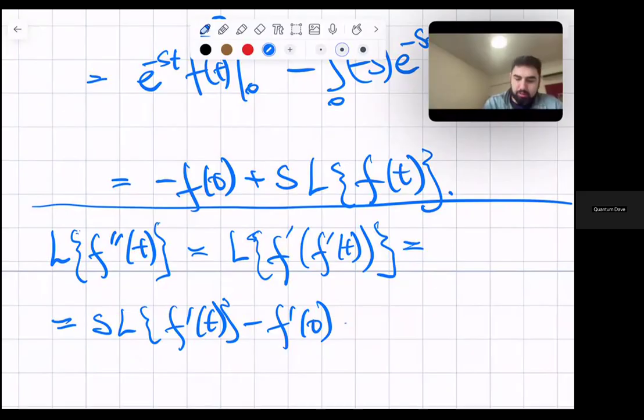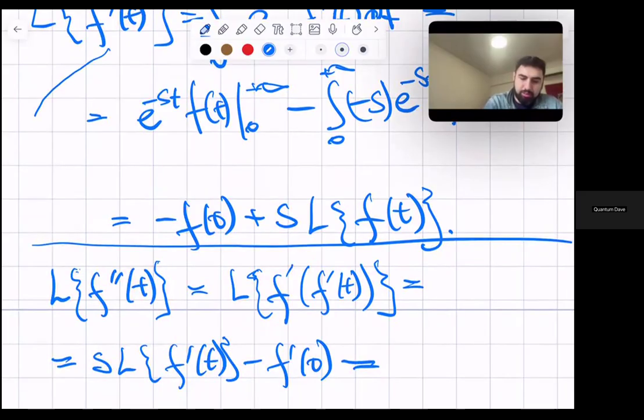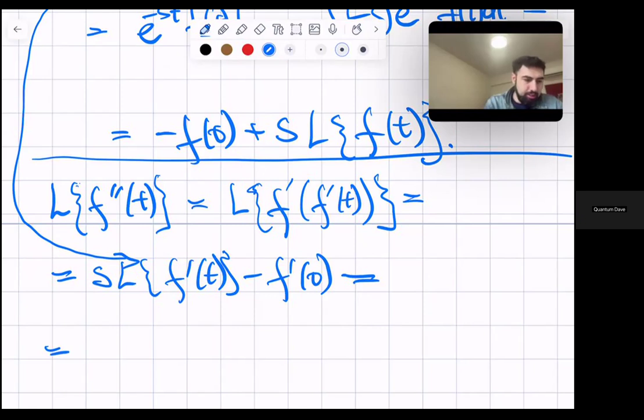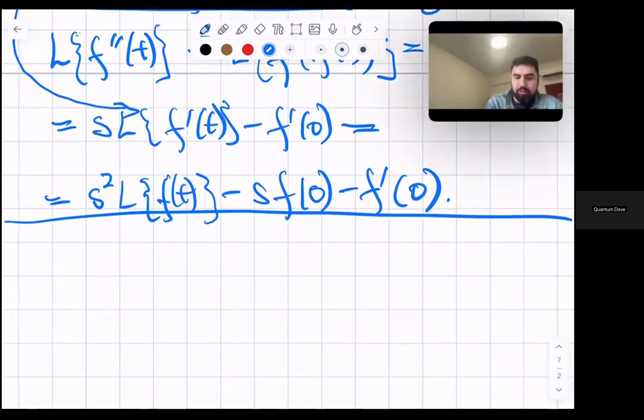Now, at this point, we can use the result for the first derivative of f(t) and substitute it here, and that will give us s squared L of f(t) minus s f(0) minus f derivative at 0. So now, just having this much, which is not really much, we have derived, I don't know, four rules maybe.